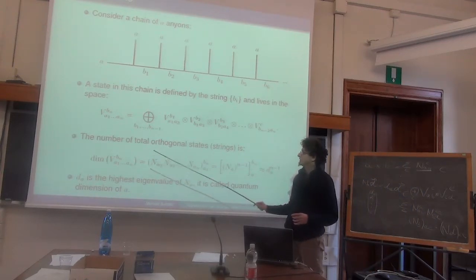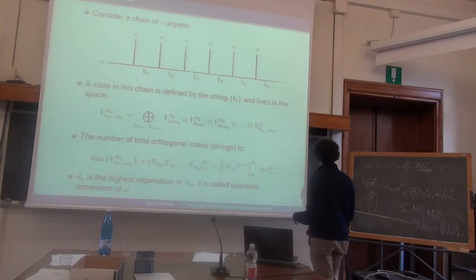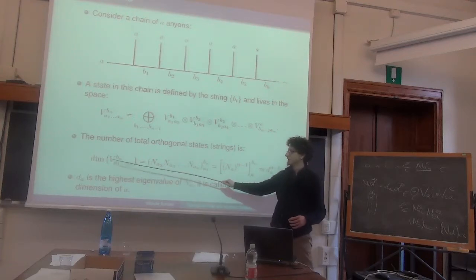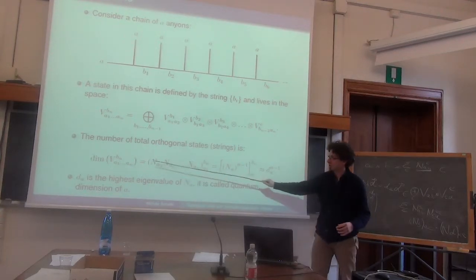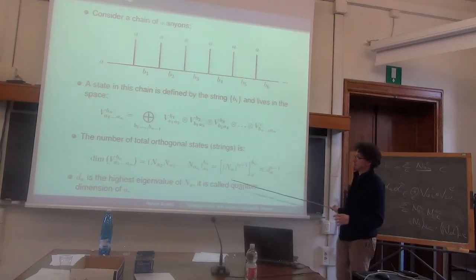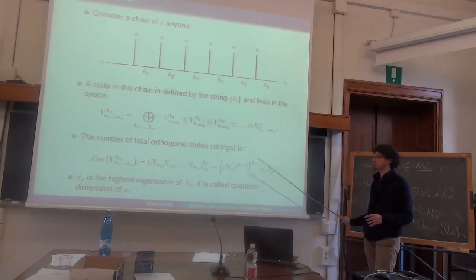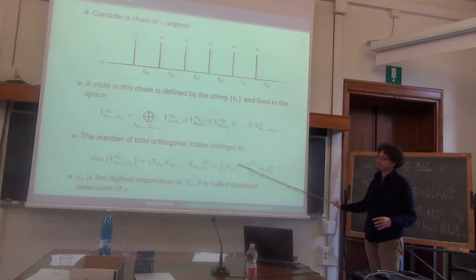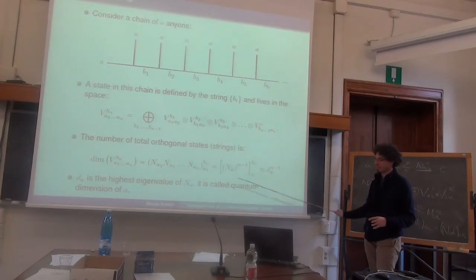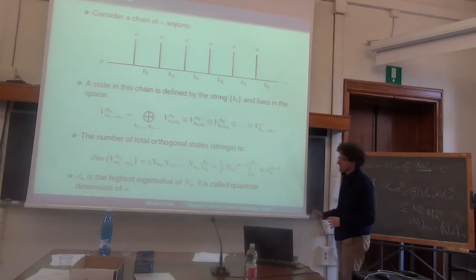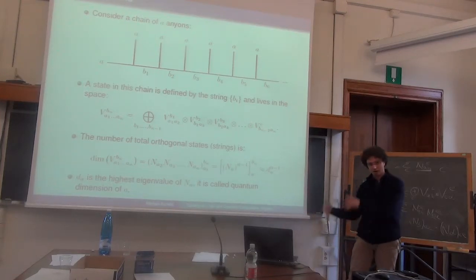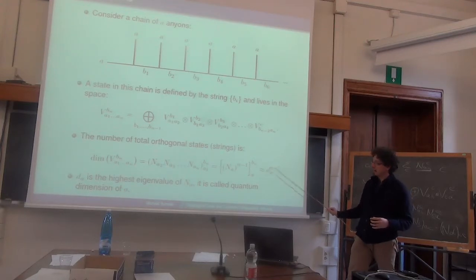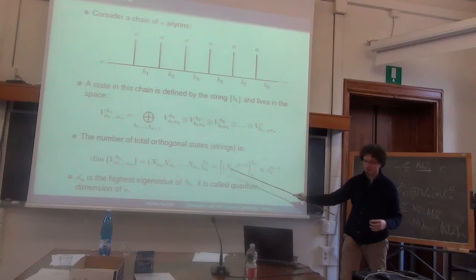and especially by applying the relation that I wrote here and iterating it a lot of times, you see that the total dimension is given by the product of all these matrices that in this case are always equal. So essentially I have to take this particular element of this final matrix that is the product of N_A to the power n minus 1, and due to the Perron-Frobenius theorem, we know that for n going to infinity, this scales like the highest eigenvalue of the matrix N_A.